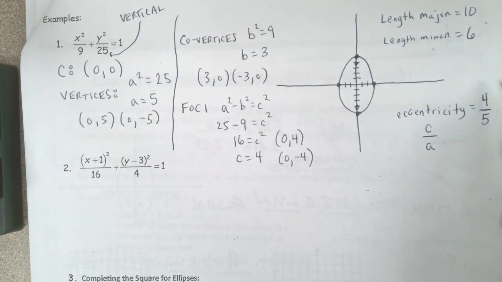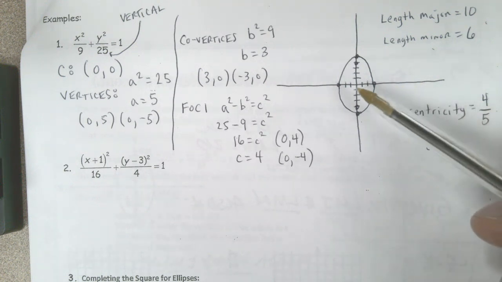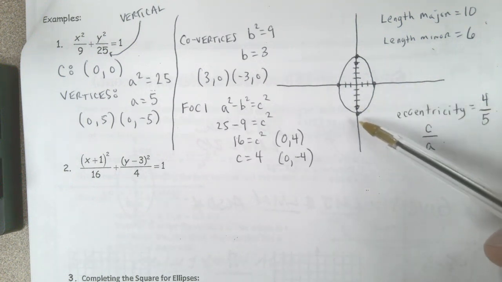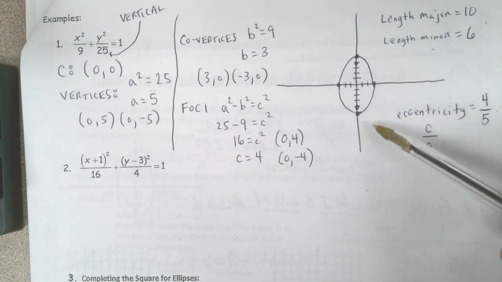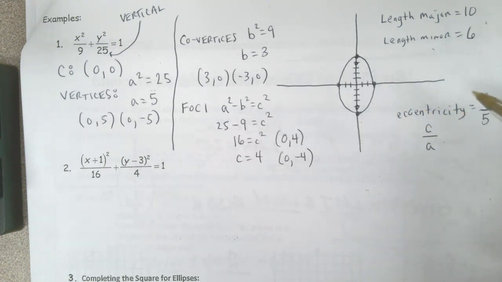Again, the higher that number is, or the closer it is to 1, the more flat it's going to be. And the smaller, the more rounded it's going to be.